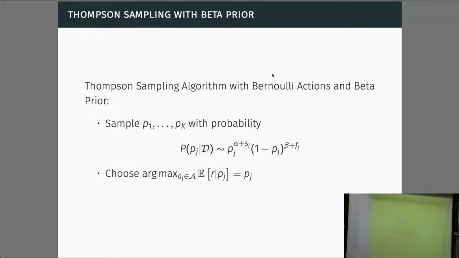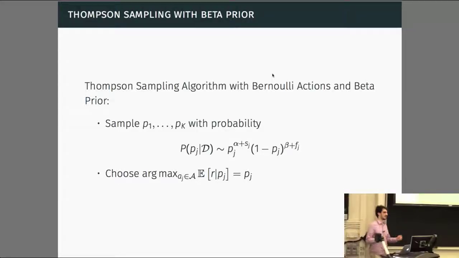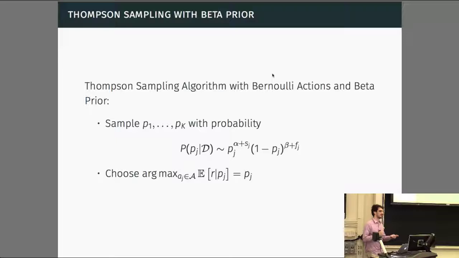I'll put up the algorithm again. We can specify what alpha and beta are in the prior, so the question is what alpha and beta we should pick to increase the amount of exploration.